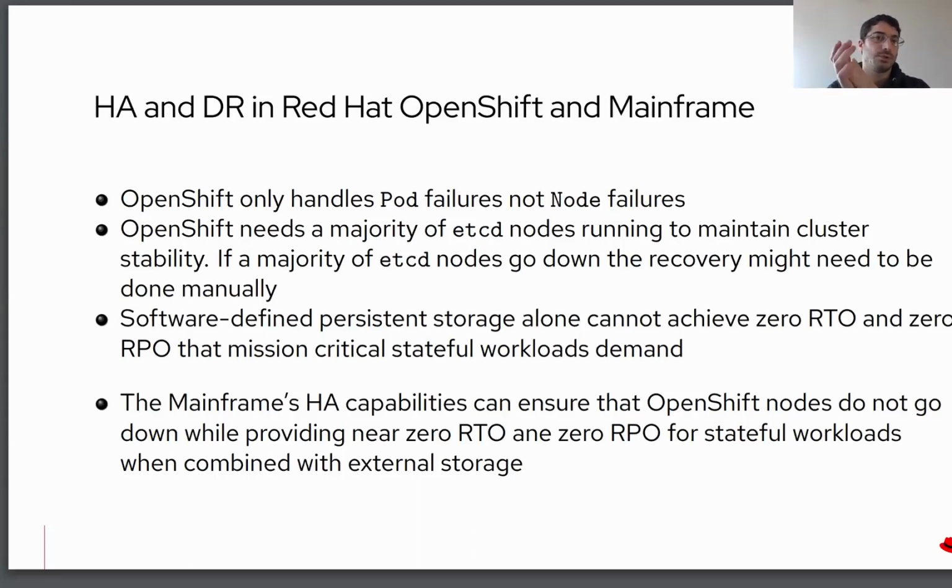So effectively what you could have is the etcds, so the control plane, running on a mainframe, and then the worker nodes running partially on a mainframe, partially outside the mainframe, maybe on x86 or whatever other system.